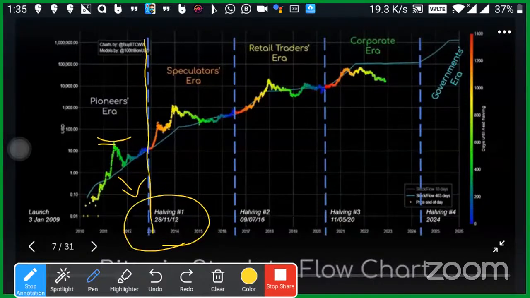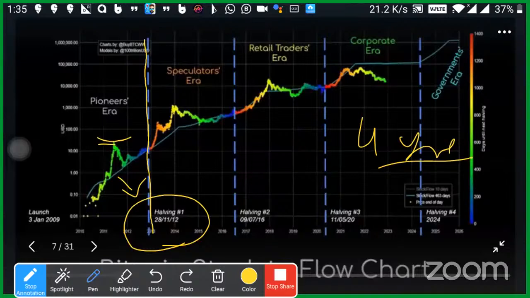So this was the first halving event. If you don't know, this is the most anticipated, most awaited event in cryptocurrency. It happens after every 4 years.